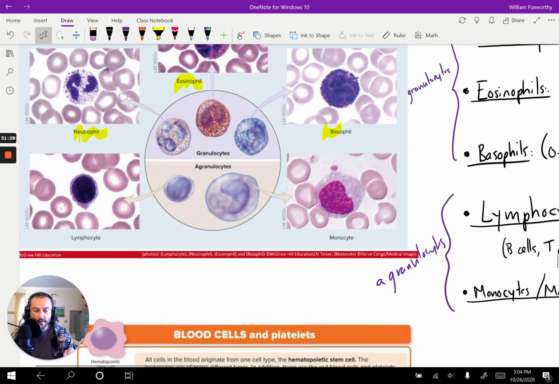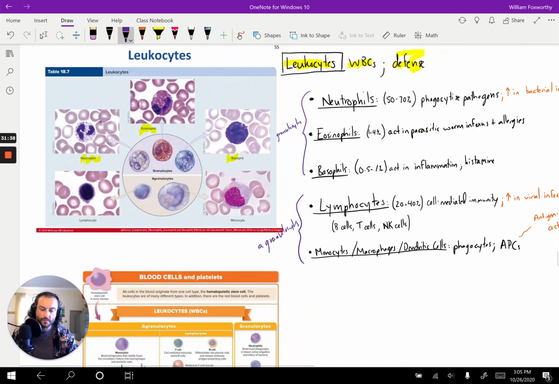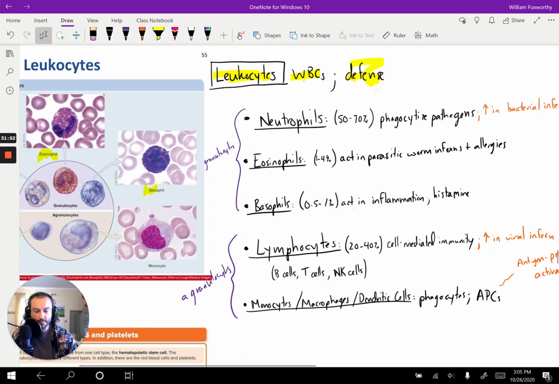The agranulocytes don't have visible granules, or the granules are less visible. I really don't like the names because they don't have much to do with the function or the lineage of the cells, but they are still commonly used, and you could use this, if you're doing a blood smear, to help you identify these different cell types.